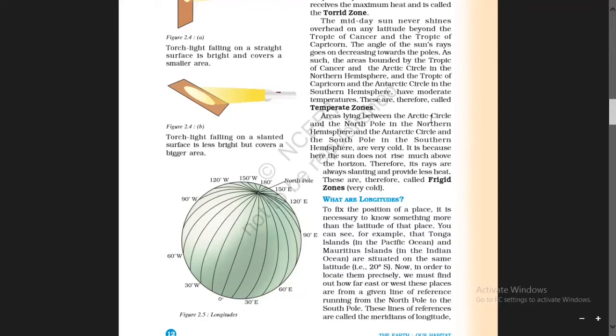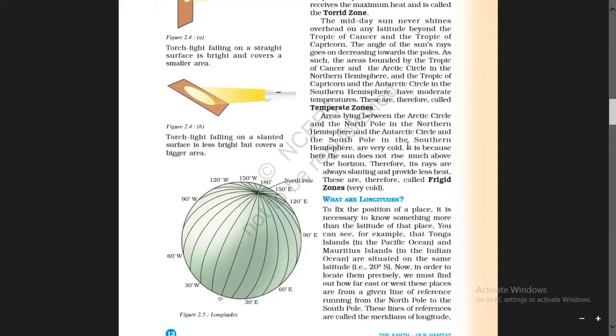Areas lying between the Arctic Circle and the North Pole in the northern hemisphere and the Antarctic Circle and the South Pole in the southern hemisphere are very cold. So these are the regions.